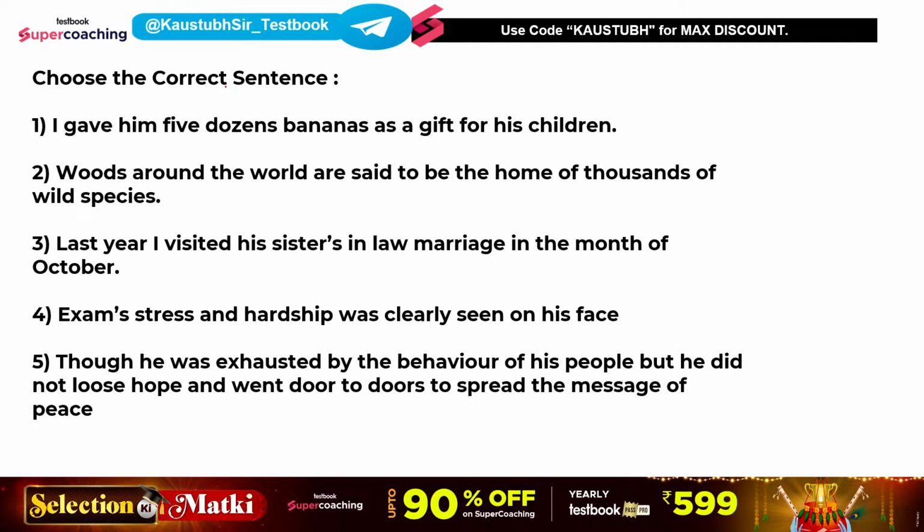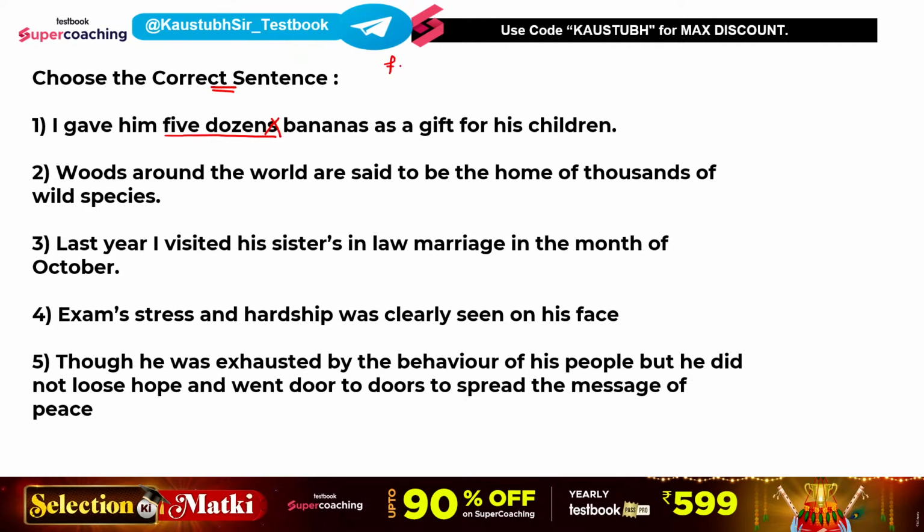So again, you have to find out the correct sentence here among the 5 sentences. Which one is the right one? I gave him 5 dozens bananas. 5 dozens? Dozens में s नहीं लगेगा.